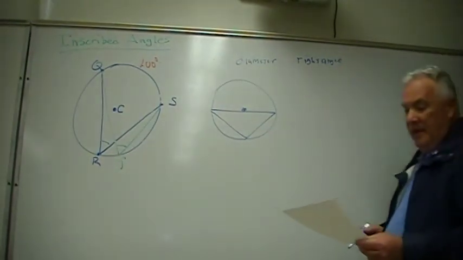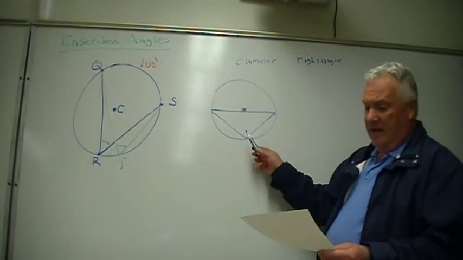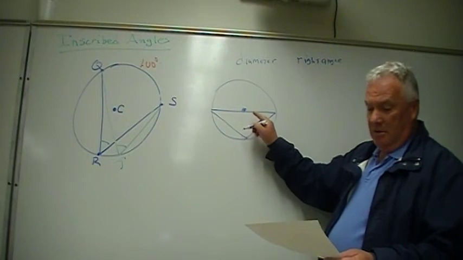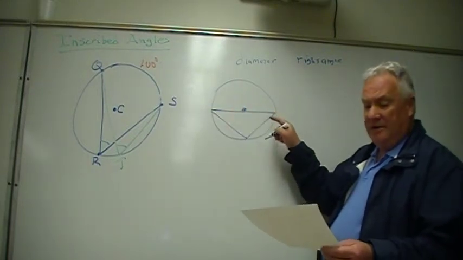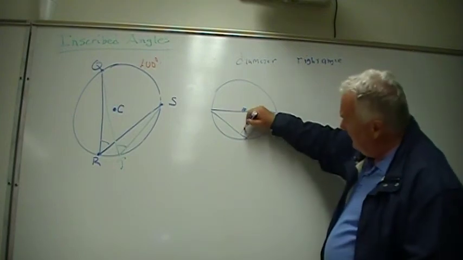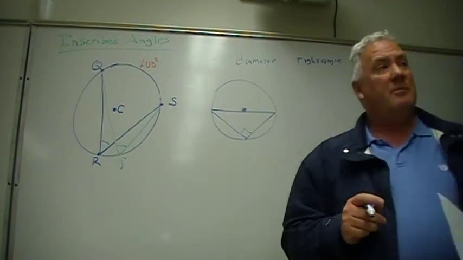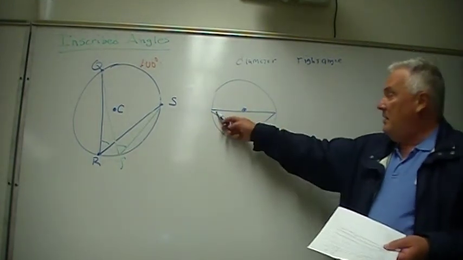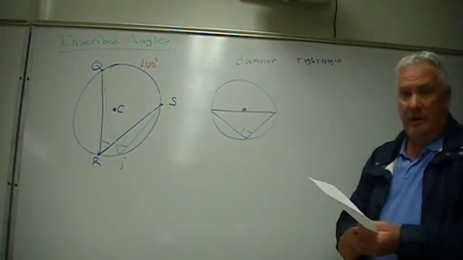If an inscribed angle of a triangle, so we have an inscribed angle right here of a triangle, goes through the center and is a diameter, then this has to be a right angle. So there are going to be some problems where the hypotenuse is a diameter, so you have a right angle right there.